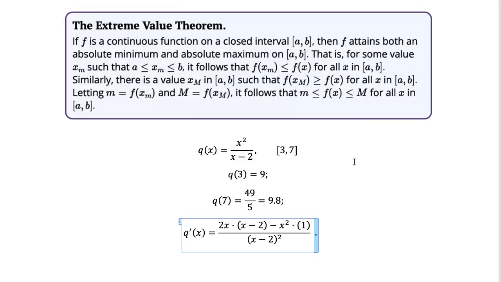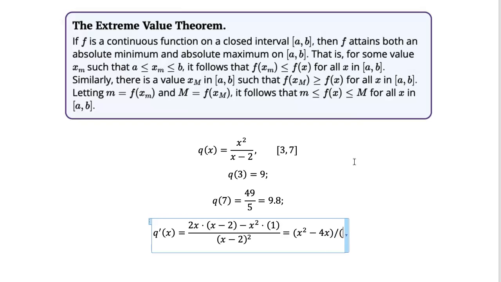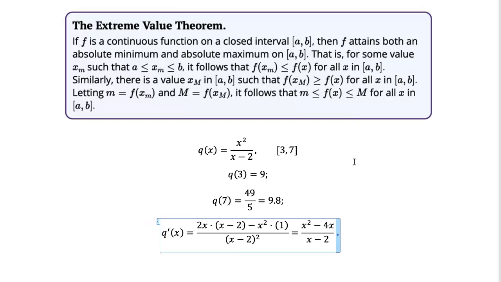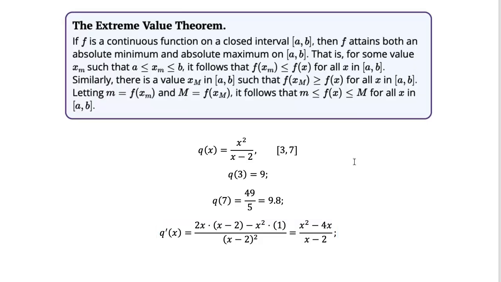All right, and so this is going to be, if I can do algebra, 2x squared minus x squared. So that's going to be x squared minus 4x, pardon me, over x minus 2 squared. Well, this clearly has a 0 at, let me write it a little bit differently, right?